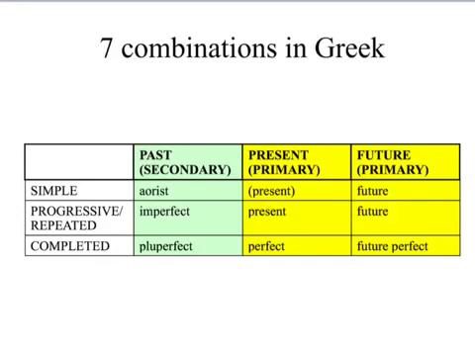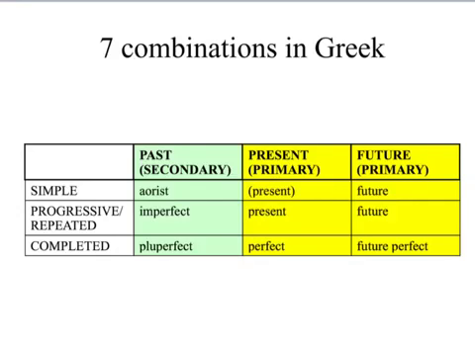And that's because, for one thing, the progressive and the repeated aspects are combined in one, and you just have to tell from context whether you're talking about progressive action or repeated action. And for another, the simple and the progressive aspects are combined in the present tense and the future tense. Those two tenses take care of both of those things.